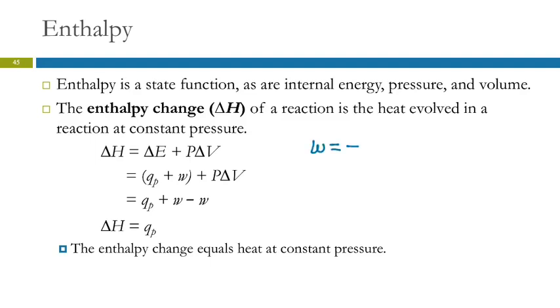So for pressure-volume work, W is minus P delta V, or we could say that negative W is equal to P delta V. So we've got P delta V here. That's equal to negative W. So we've got negative W, and then we had QP plus W. QP plus W minus W, the W's go away. It's not an accident. They did that on purpose. The result is that delta H equals QP. So the enthalpy change equals the heat exchanged at constant pressure.